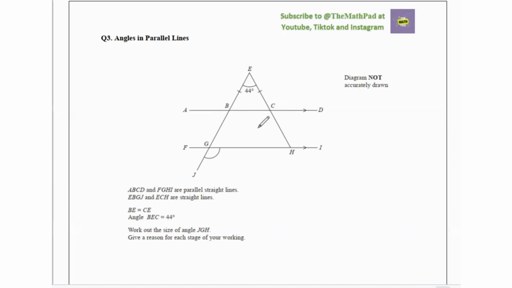So for this, you need to remember your properties of angles in parallel lines. Based on the given information, I would first begin with using this angle and this triangle. When you have 2 equal lengths in a triangle, that means it's an isosceles triangle, which means this angle is going to equal this angle.